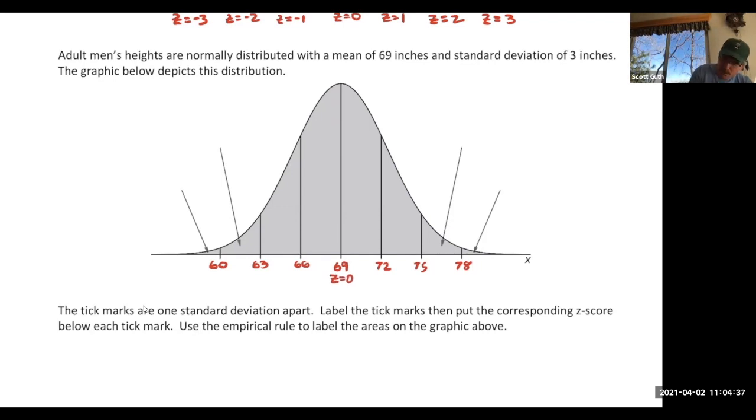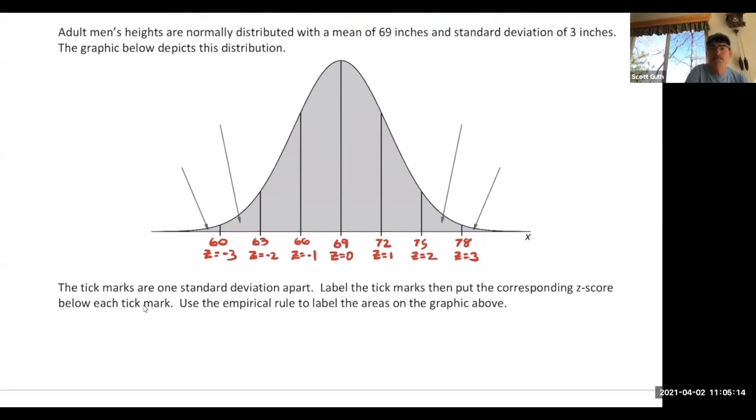And so on, z equals 1, z equals 2, etc. Okay, any questions so far?